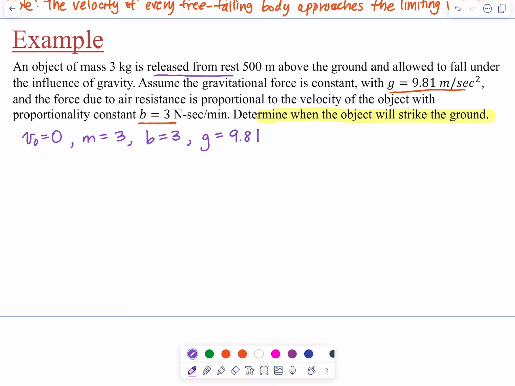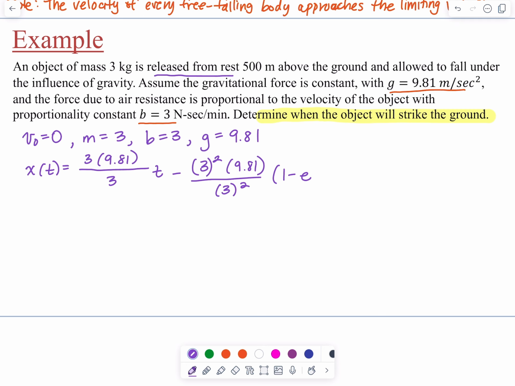So from our equation, we have x of t is equal to 3 multiplied by 9.81 divided by 3 times t minus 3 squared times 9.81 divided by 3 squared multiplied by 1 minus e to the negative 3t over 3.